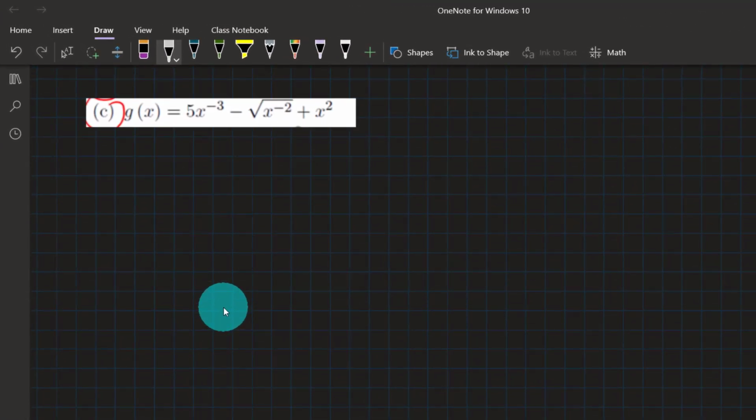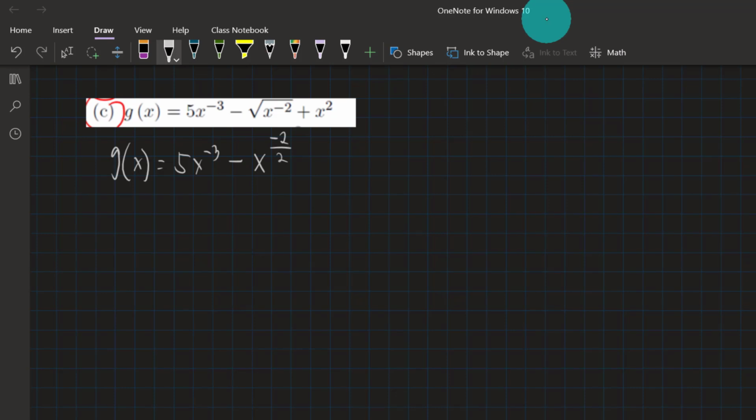We have g of x equals 5x raised to negative 3 minus square root of x to the negative 2 plus x squared. So, paano to? So, i-convert muna natin sa exponential yung ating square root dito. So, ang ating g of x ay magiging 5x raised to negative 3 minus x raised to negative 2 over 2.